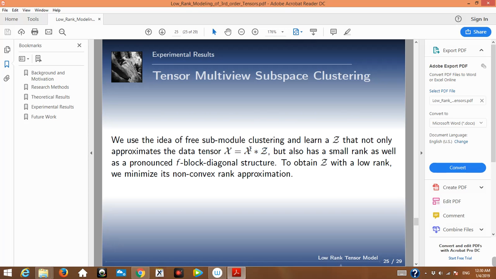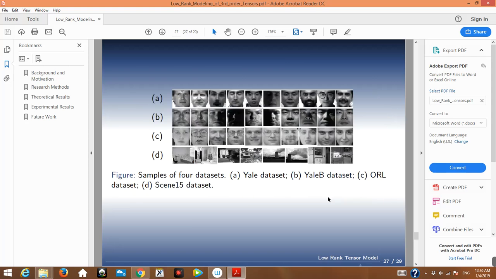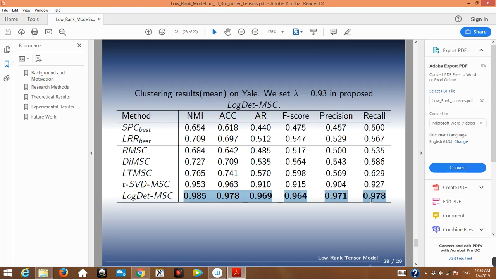We try to use X times Z, where Z is a low-rank tensor with a block diagonal structure, to represent X. That is, given a third-order data tensor, our purpose is to find such a self-expressive tensor Z, and then by using the geometry of Z, we can do the multi-view clustering. You can see our result is very nice.